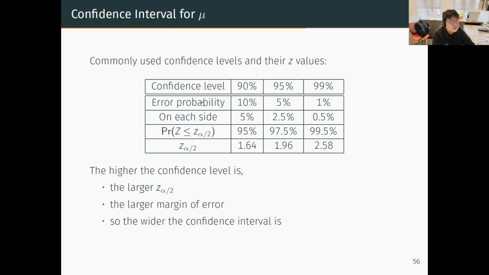So this is a general formula, but for the typical choices, you can just go down to here. Okay, and also what you can see here is that as you increase the confidence level, your margin of error must increase together, right? That is a trade-off, right?